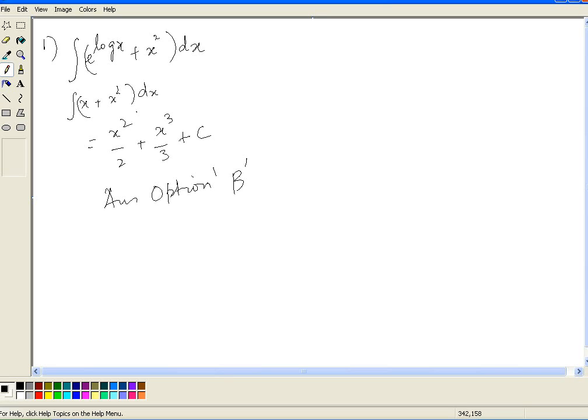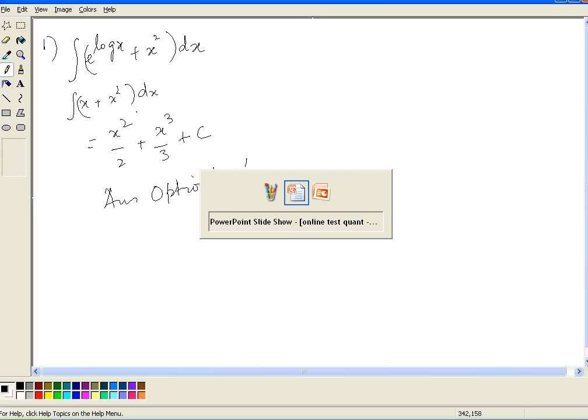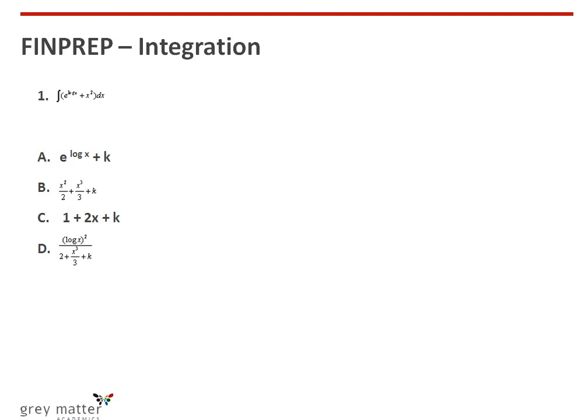So the answer is option B. Going back to our PowerPoint projection, it is B, which says x squared by 2 plus x cubed by 3 plus constant c or k.